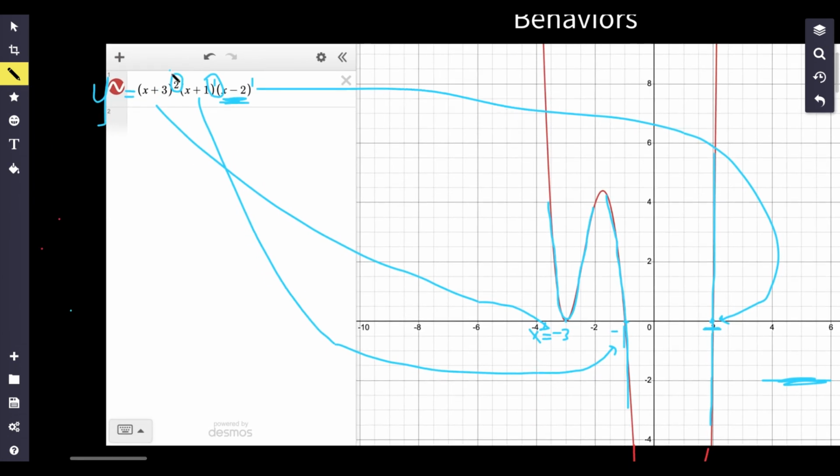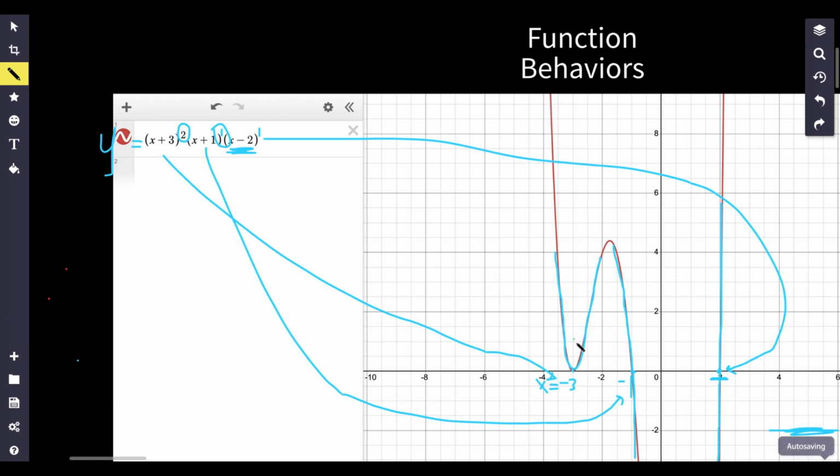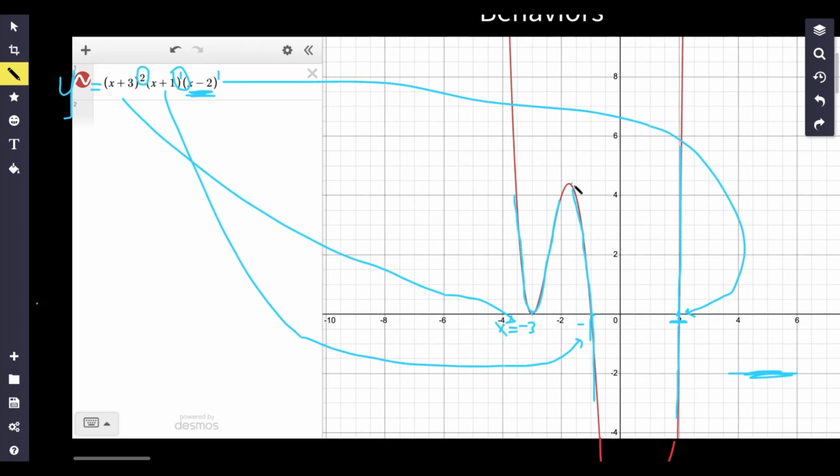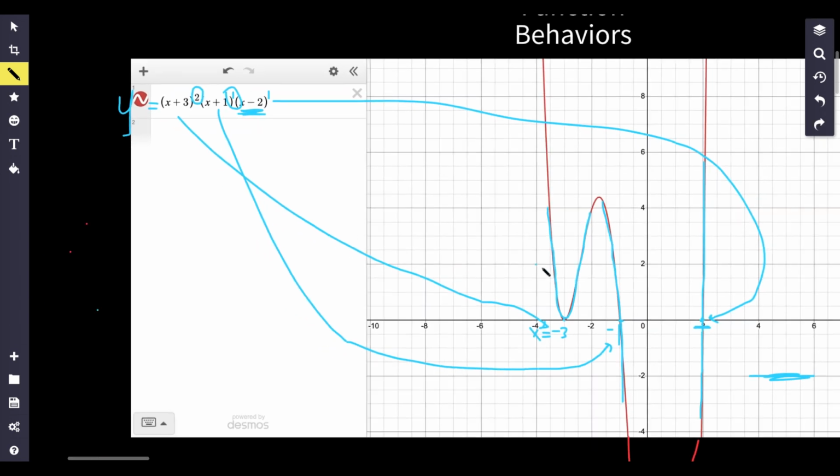When you have an even exponent on the factored form of the polynomial, you're going to stay in one section, either the positive y section or the negative y section. You're not going to cross the x-axis when the exponent is even. However, if the exponent is odd, then you're going to cross from one section, in this case the positive section, to the other section, the negative section. Or another way to think about it is that you're going to cross the x-axis. So that's how you determine some function behaviors.